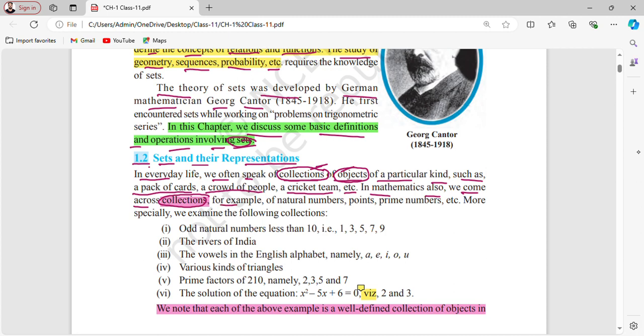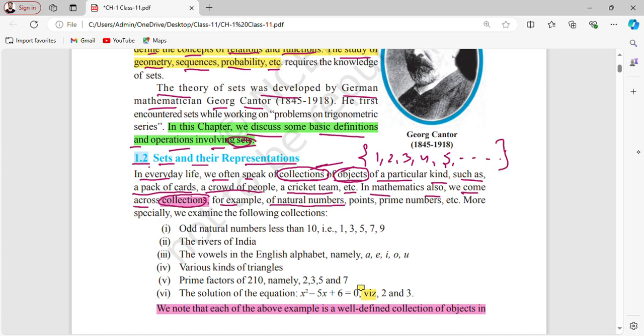For example, the collection of natural numbers: 1, 2, 3, 4, 5, and so on.